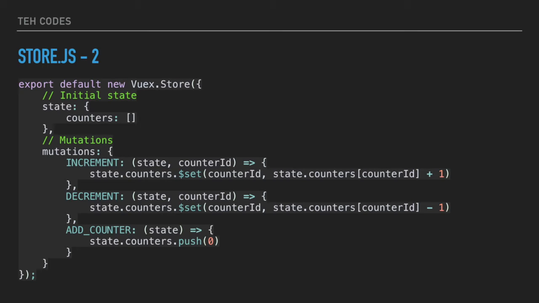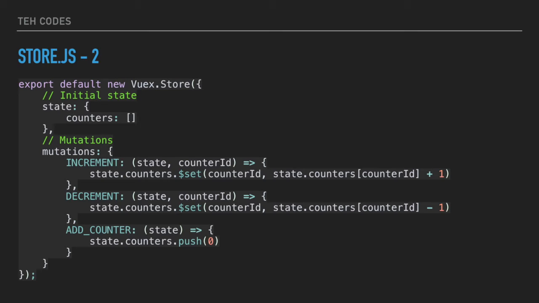So yes, initial state. We've got one key. It's counters. It's an array. I'm representing each of these counters as an integer, representing what number the counter is currently on. Obviously, simple example. That's a bad idea in practice. Yada yada. But this is what we've got for the moment, just as an example. Mutations.